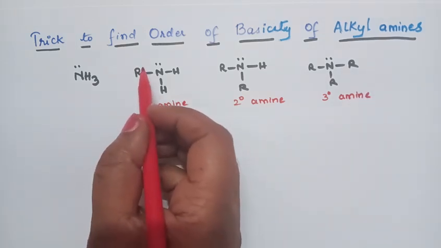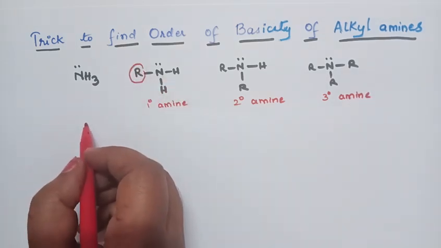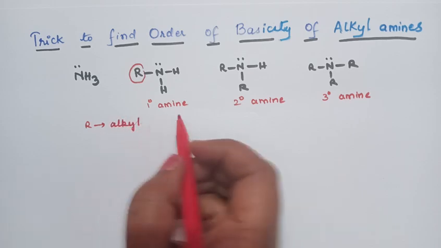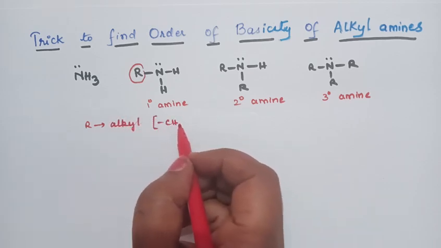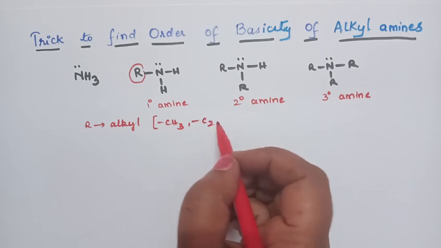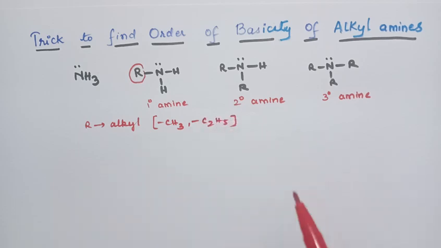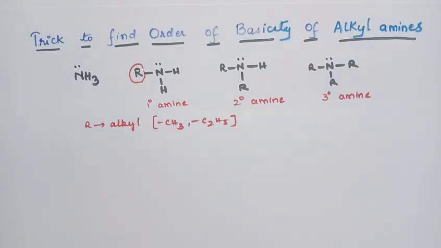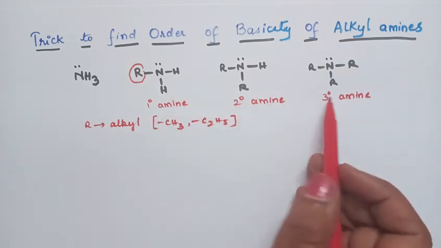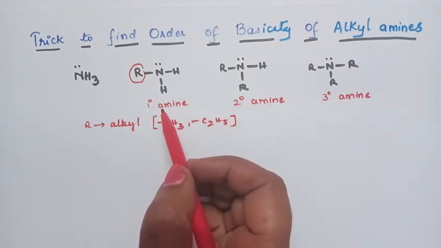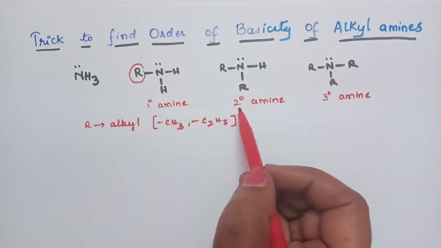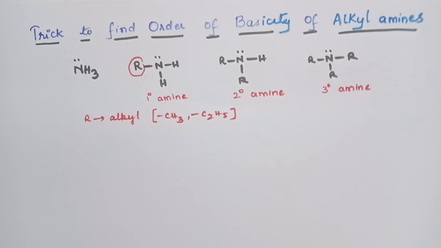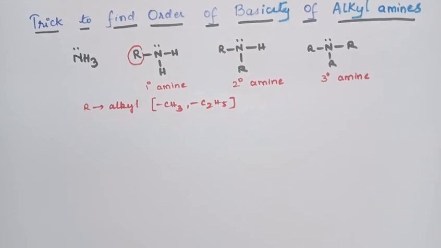And if R is an alkyl group, alkyl means it can be a CH3 methyl group or C2H5 ethyl group, then it is called alkyl amines. So now the question is, which is more basic in nature? Whether primary amine is more basic, or secondary amine, or tertiary amine. So let us learn the trick to find that.